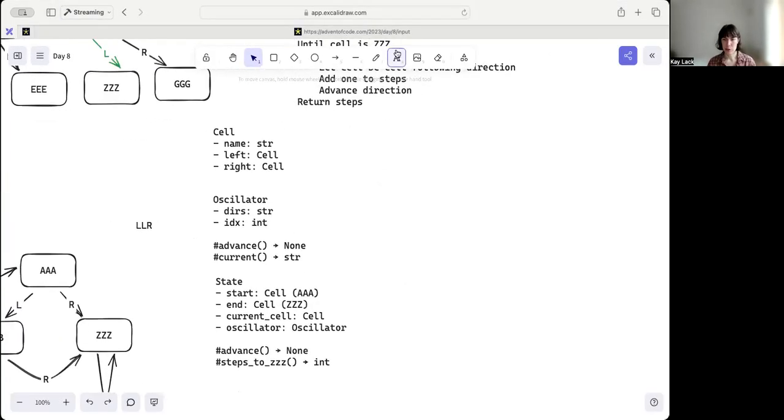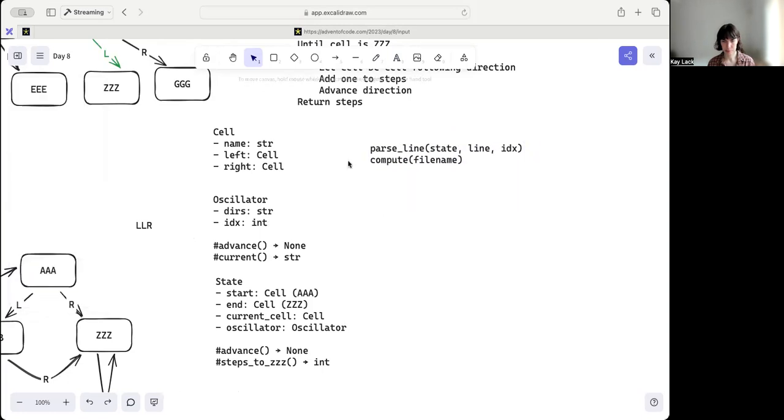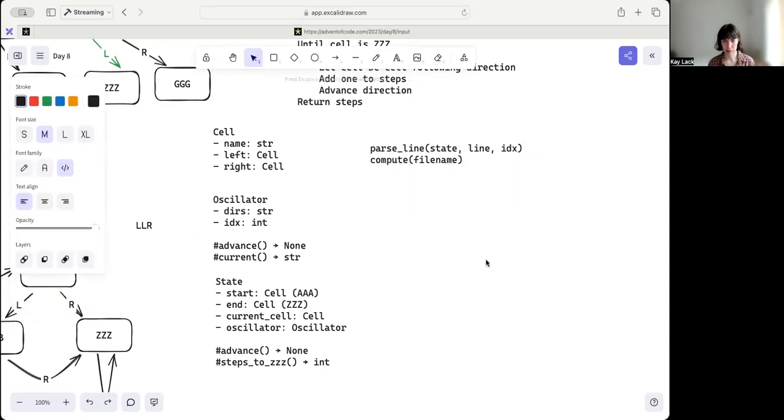Okay, so on top of this, we then need a line and a compute. And then we're going to have a, well, we need a plan of action.